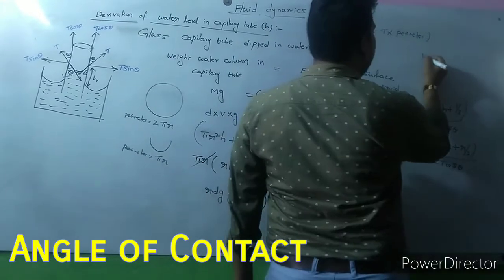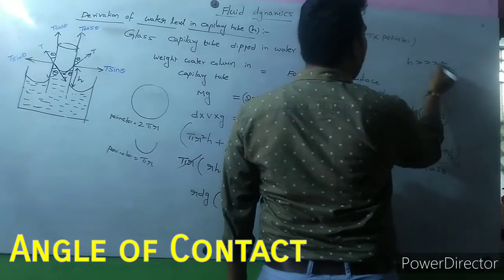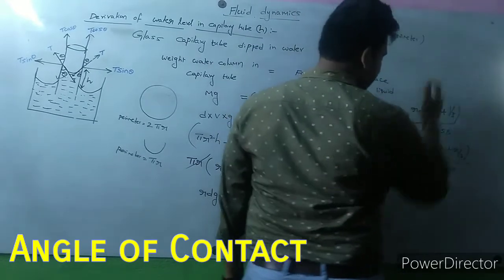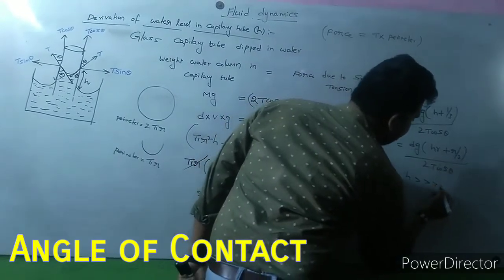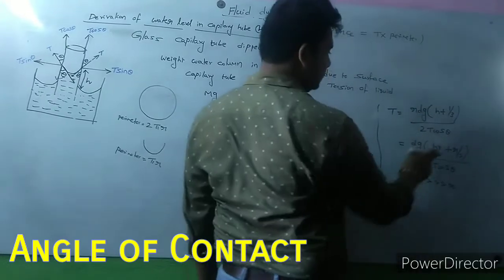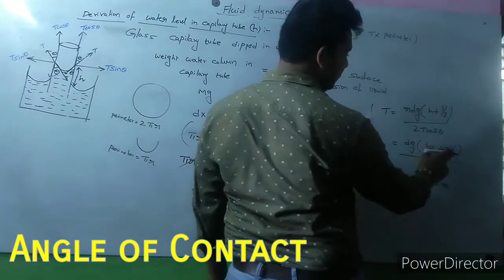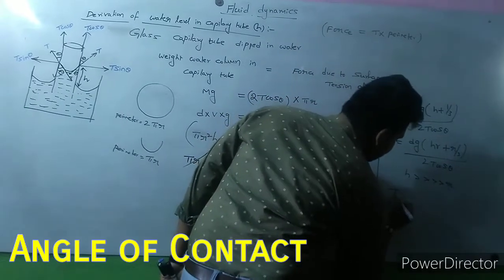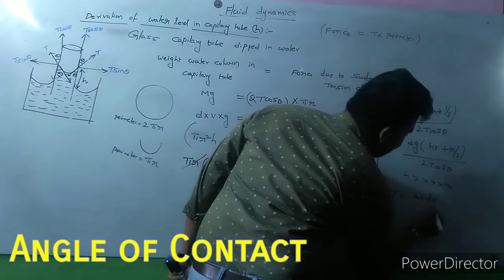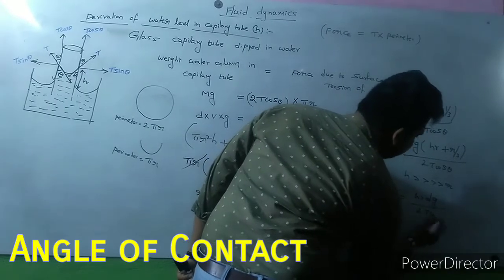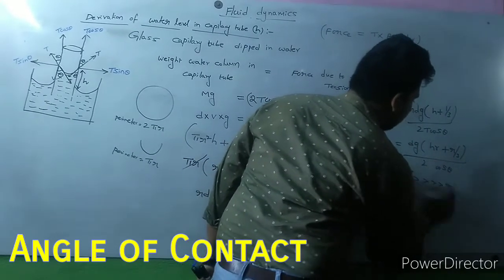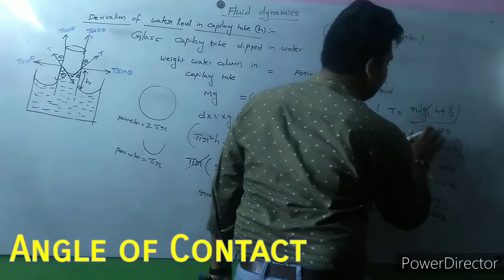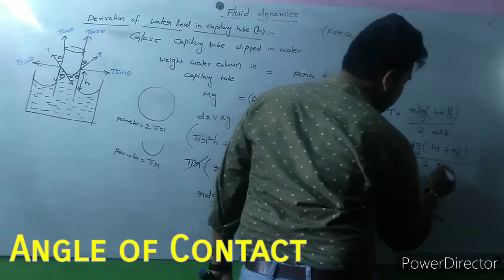Here h is greater than r. So I write like this: h is greater than r. So from this we consider the hr value. That means T is equal to hr d g by 2 cos theta. T is already taken out.